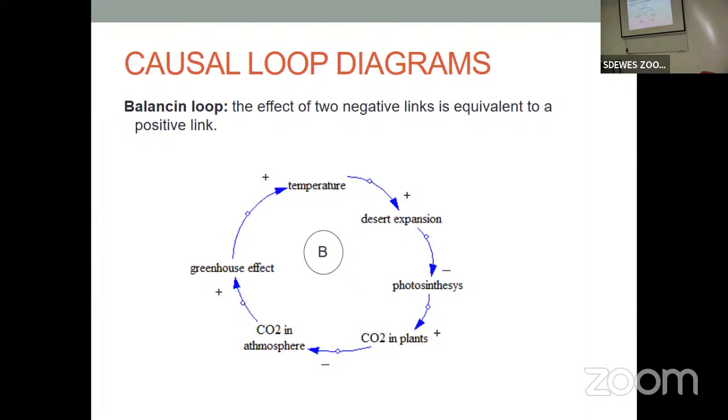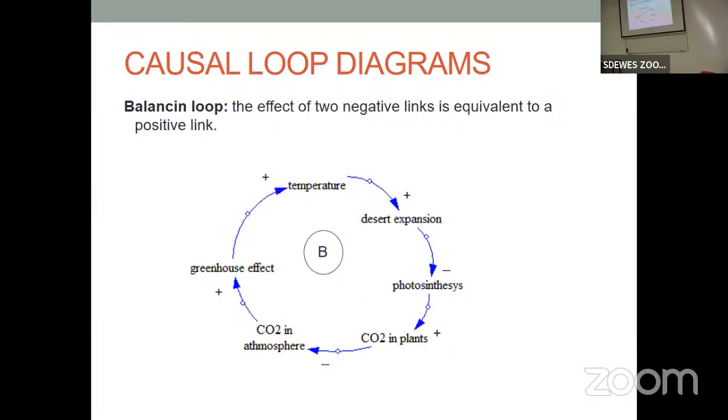When we have a CO2 concentration in the atmosphere, the higher the concentration of CO2, the higher the greenhouse effect. The greenhouse effect will imply a higher global average temperature. Then the global average temperature will increase the desert expansion. The desert expansion will decrease the photosynthesis of the plants.